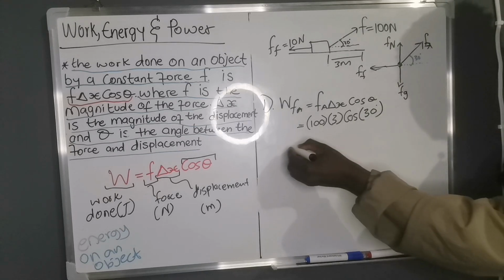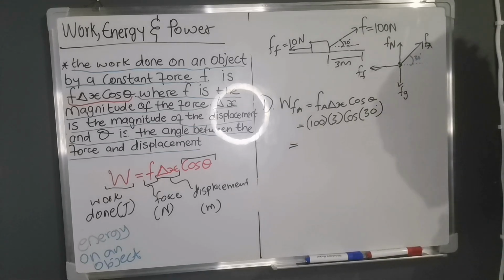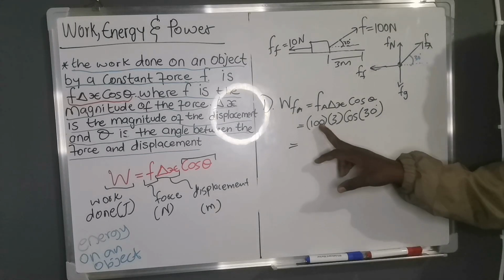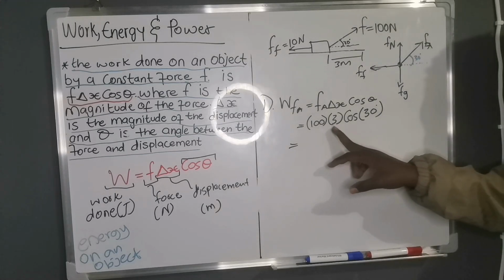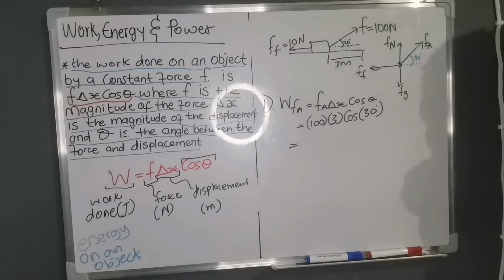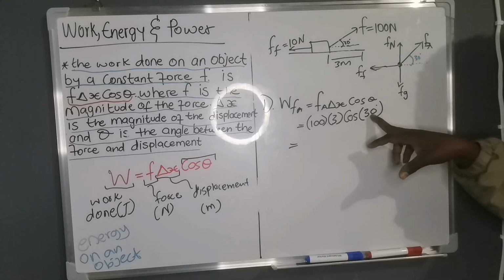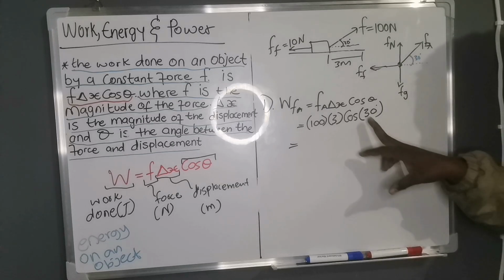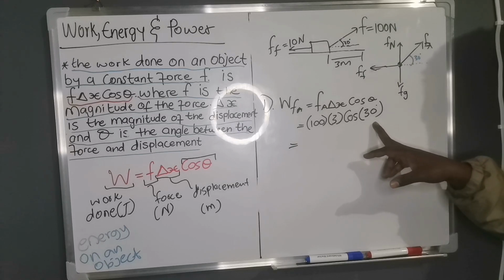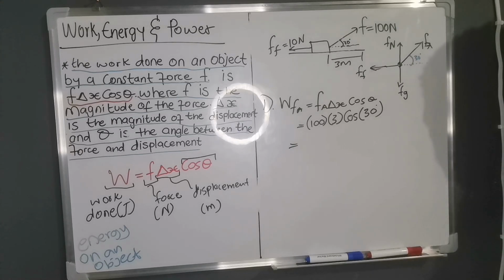Please find the answer there, I'm not in position of my calculator. 100 times 3 is 300. 300 times cos 30. I think cos 30 is square root of 3 over 2, if I'm not mistaken.